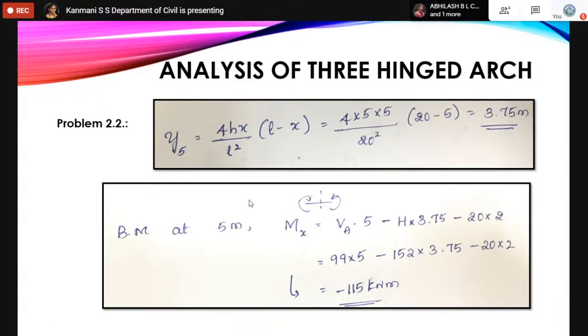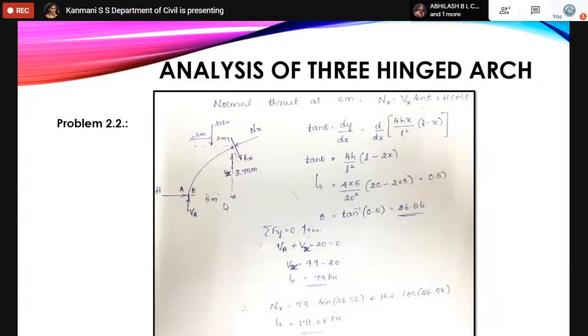And H is moving in the anti-clockwise direction, so minus H into 3.75. And we have only one load on the left-hand side, minus 20 into 2. So with that, bending moment at the section 5 meters from left support A is minus 115 kilonewton meter.